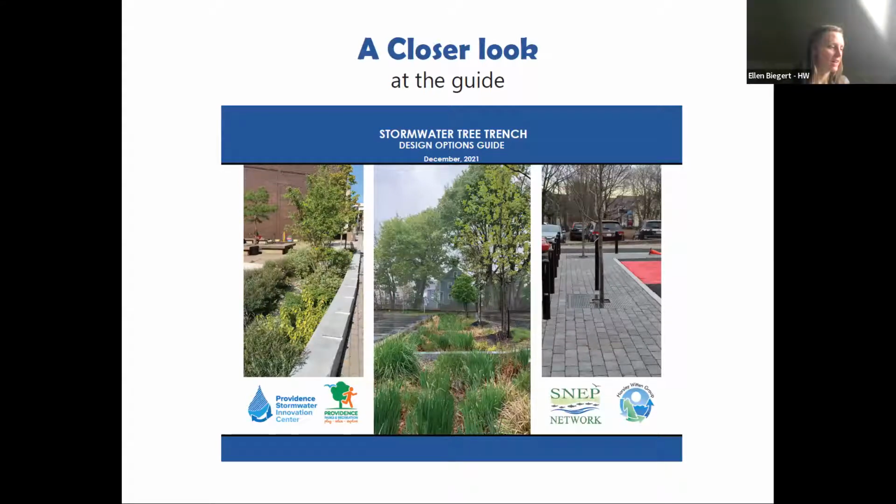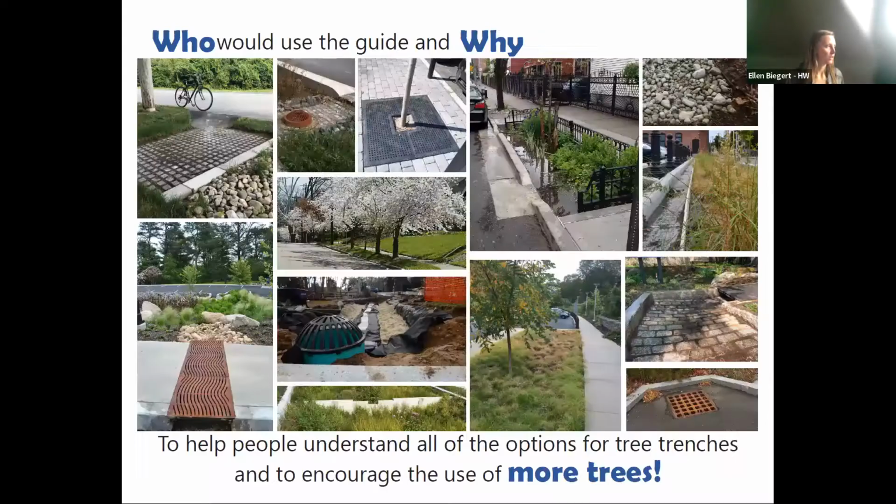Hey, so I'm just going to look into the details a little bit more of the guide and highlight basically what Brian and Brian were both saying about the overview. So the first thing is who would use this and why.